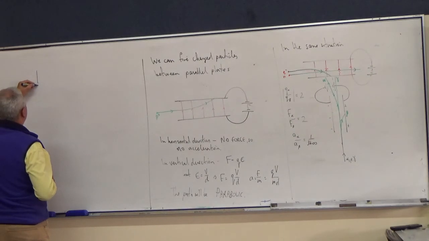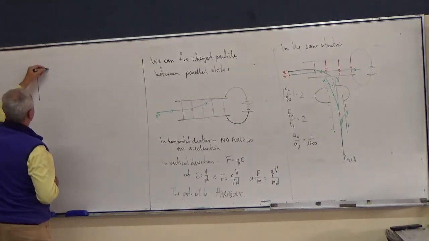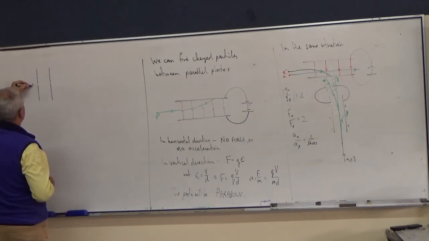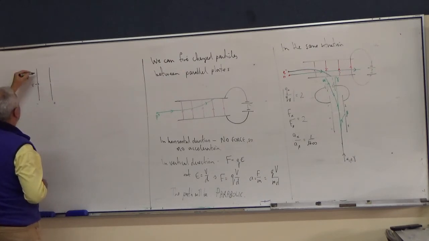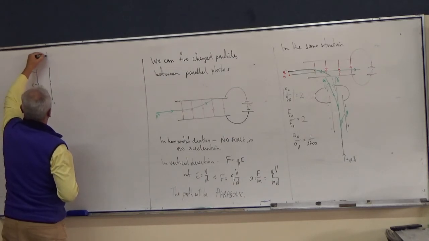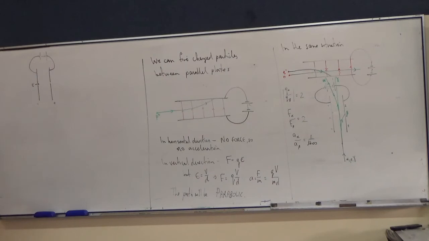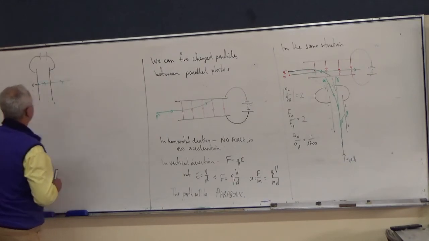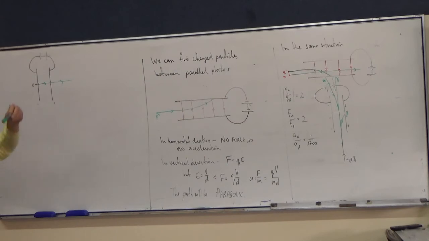And so if I have an electron coming into the region between parallel plates, it will be accelerated across through here, it can shoot through here, and it's just like dropping a stone, a brick, and it accelerates as it goes through.